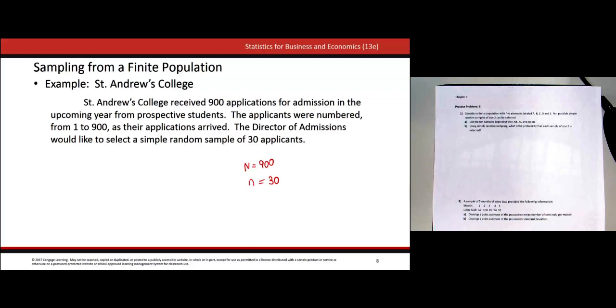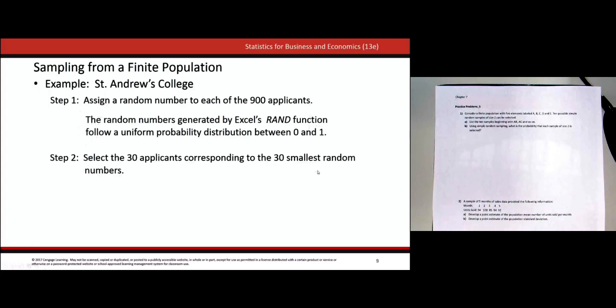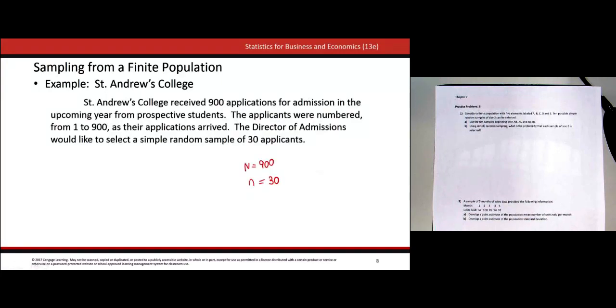For a population size of 900, which is actually not large, we can exactly calculate the results for the population. But the problem is you may not have all the applicants in the database. If you have a short amount of time, then you may need to only look at the sample.